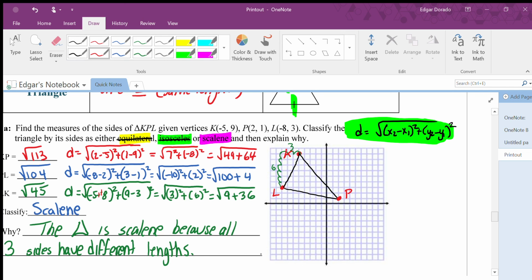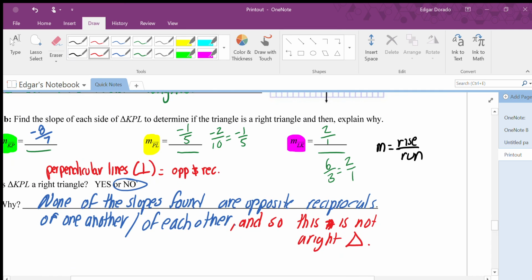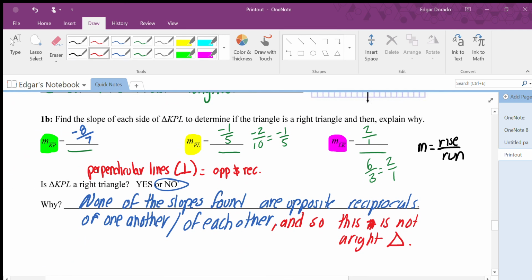That way we knew the side lengths of each of the triangle sides. Once we did that, we were able to determine whether we had a scalene, isosceles, or an equilateral triangle. Finally, what we did was to go ahead and use that graph to find all the slopes of each one of those lines and determine whether or not we had a right triangle.